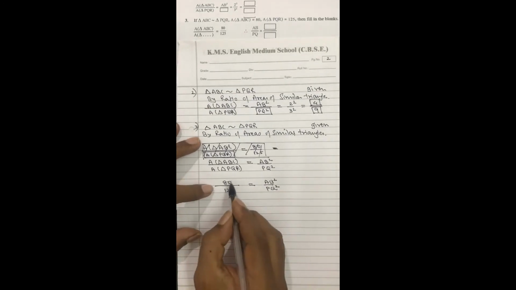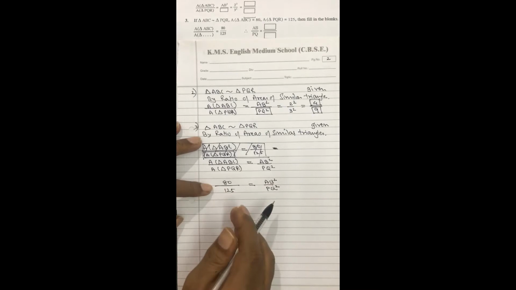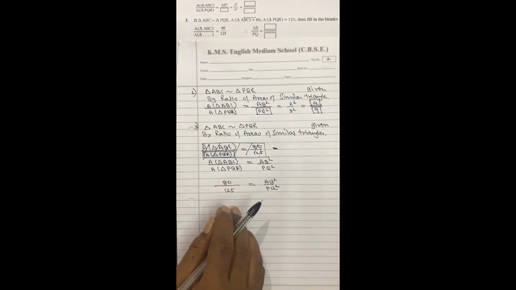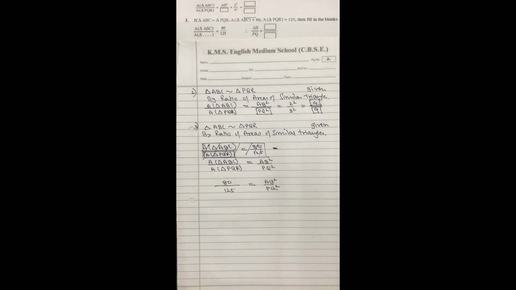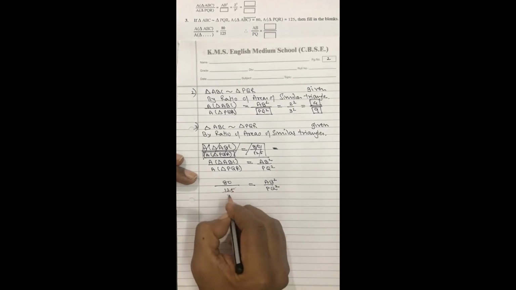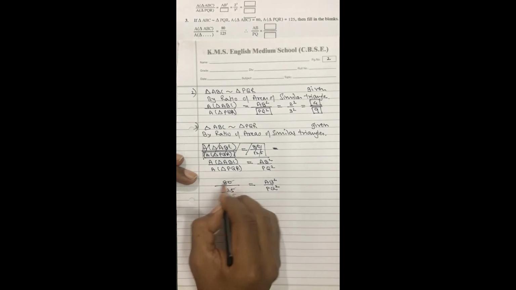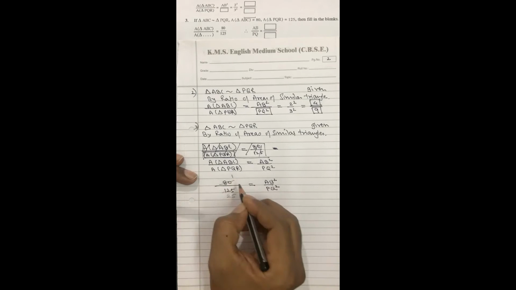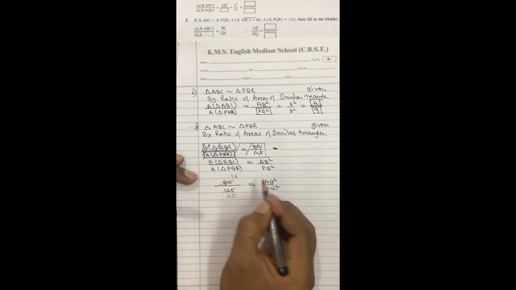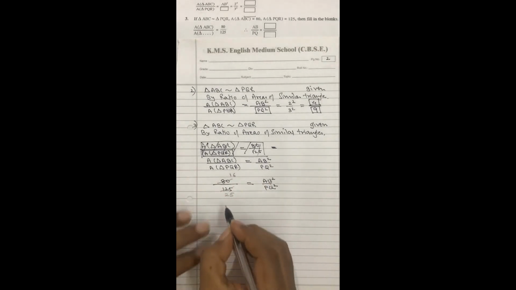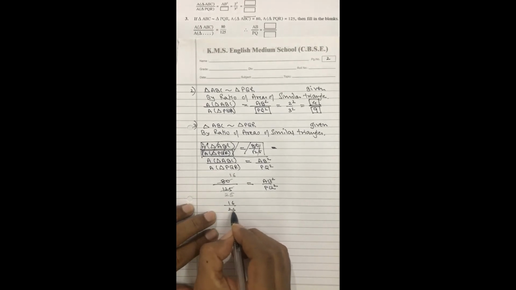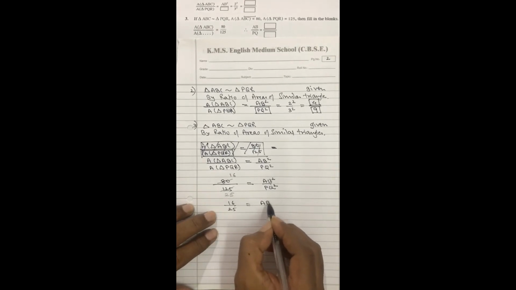Now I will have to solve this. When I solve this, what will I get? I will divide both by 5. 5 2s are 10, 5 5s are 25, 5 16s are 80. So I am getting 16 upon 25 is equal to AB square upon PQ square.